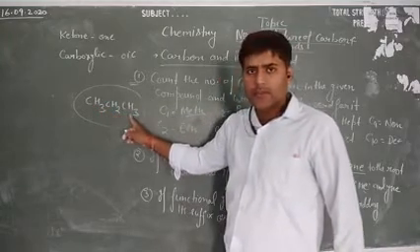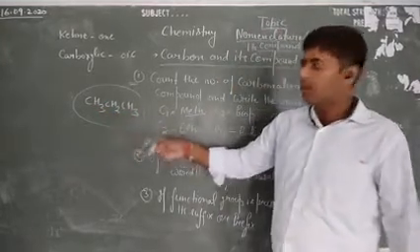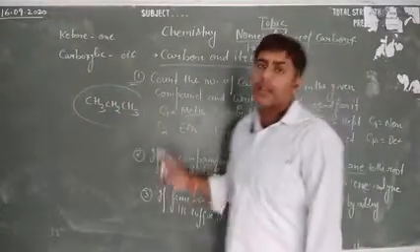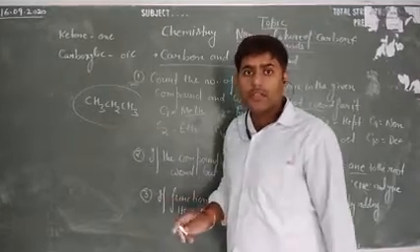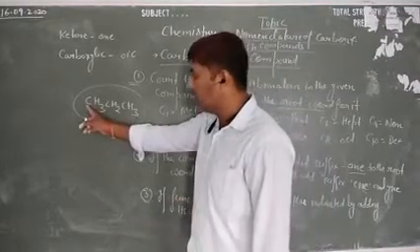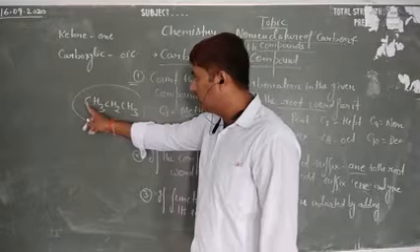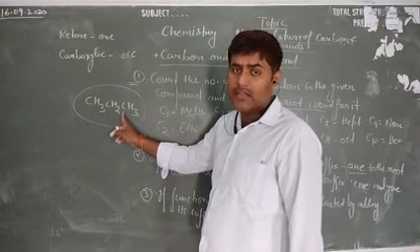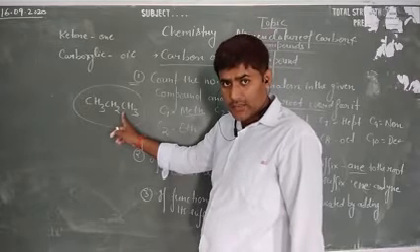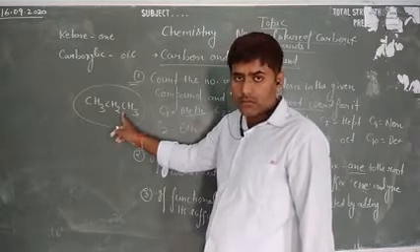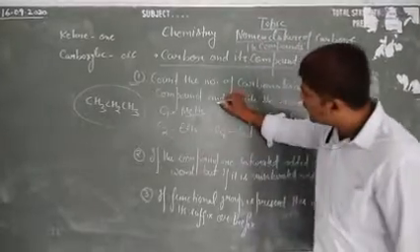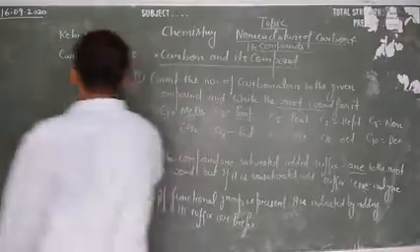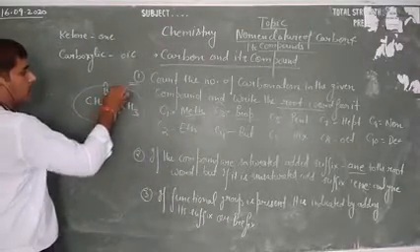This is a carbon compound and how can we give the name? First we count the number of carbon atoms. How many carbon atoms are present here? 1, 2, 3. How many carbons are present, beta? 3. When three carbons are present, we use the term prop.